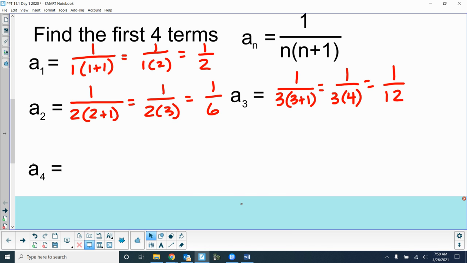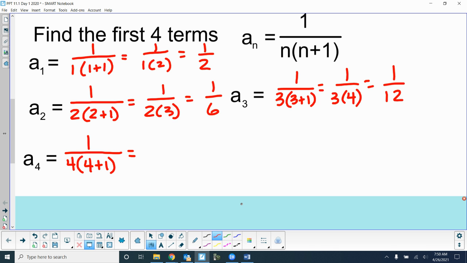And then my fourth term: 1 again up top, but n is 4 this time. So wherever I see n, put a 4. Then I get 1 over 4 times 5, which is 1 over 20. So there are the first 4 terms of that sequence: 1/2, 1/6, 1/12, and 1/20. If I wanted the 10th term, I put 10 in for n.